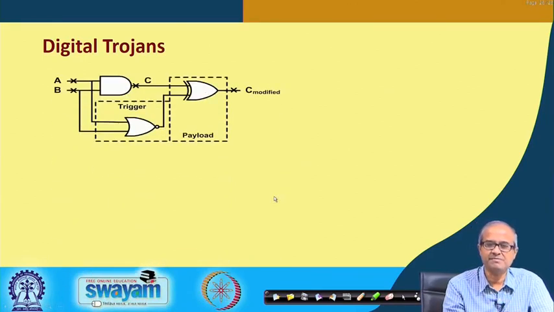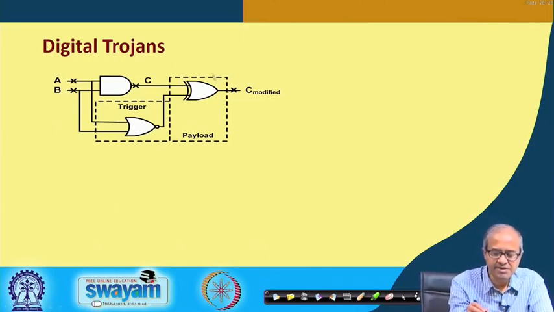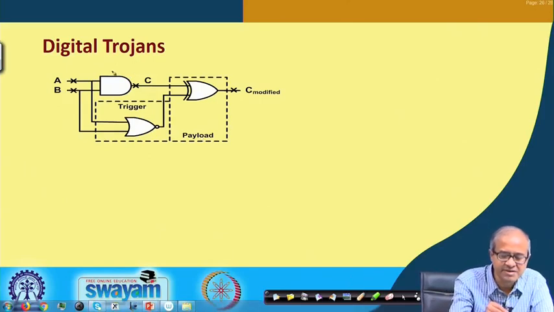Okay. So, let us look very briefly at some of the Trojan types. Digital Trojans. As the name implies, digital circuits are being targeted, where information is processed in zeros and ones digitally. Here I am showing a very small circuit. Suppose our original function was a simple AND function.